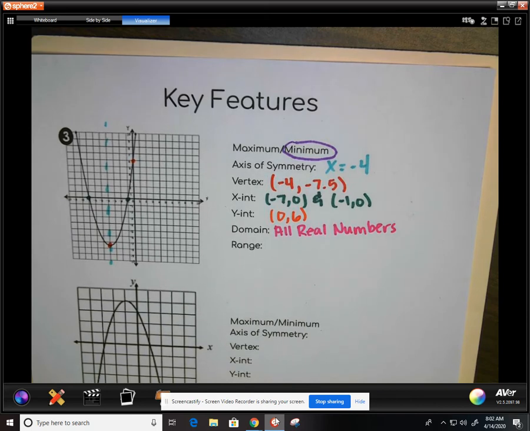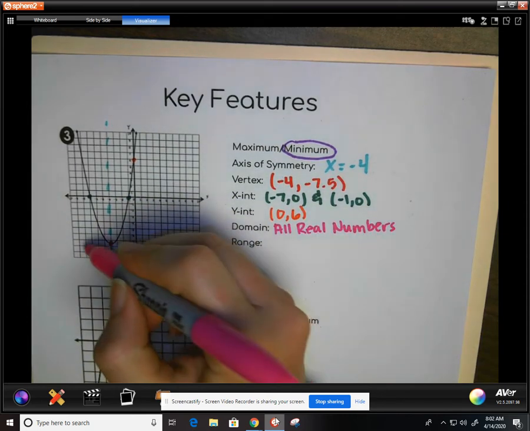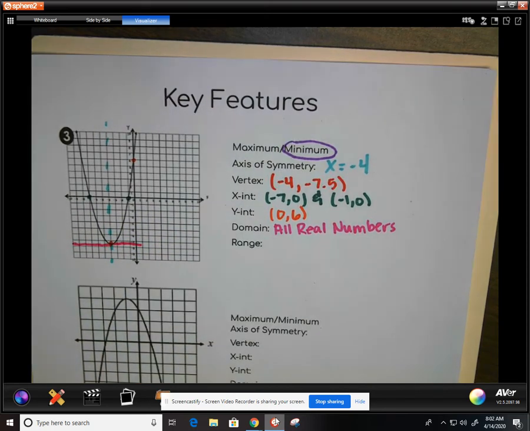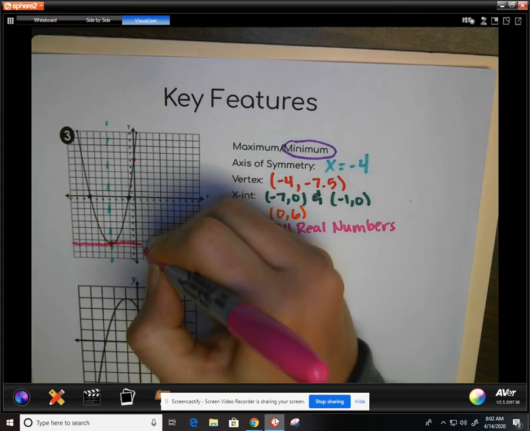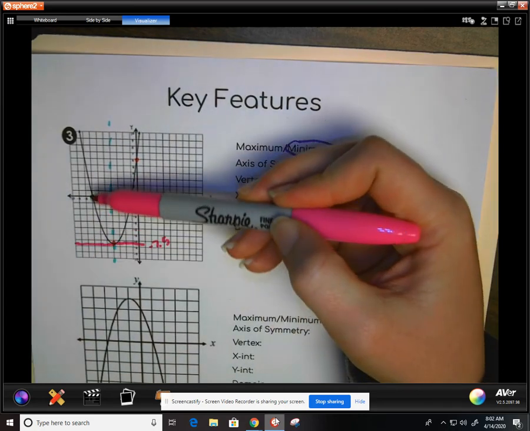Okay, now your range is how high and how low it goes. So this graph is going to go down, and it stops because it curves. It stops right there. That's as low as it goes. Since that's the lowest spot, that is at -7.5. And then I'm going to scan up and see how high it goes.